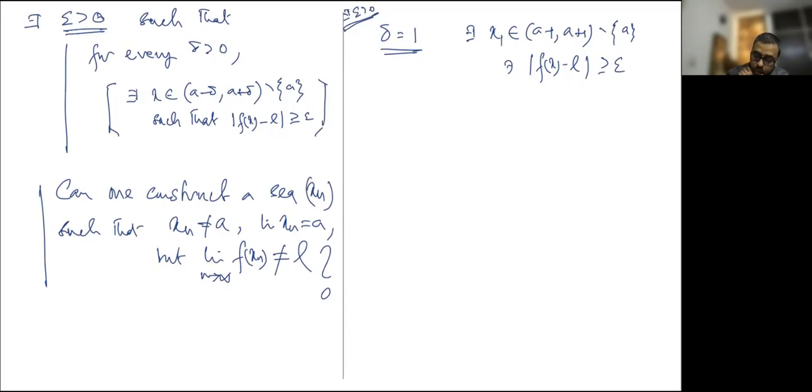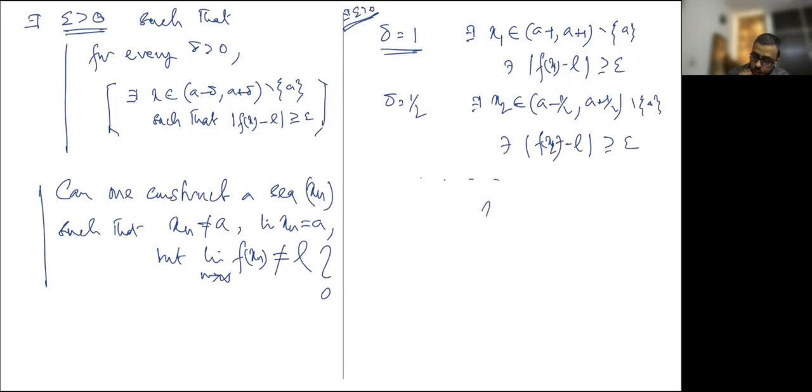So call this x_1. Then you look at delta equal to half, then this condition again tells you that there exists an x_2 such that |f(x_2) minus L| would be greater than or equal to epsilon, and so on.